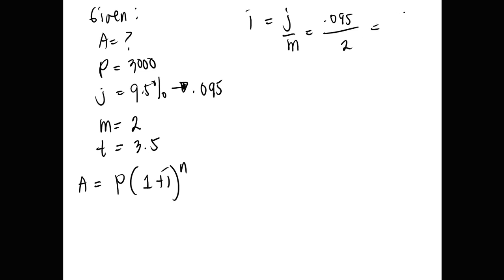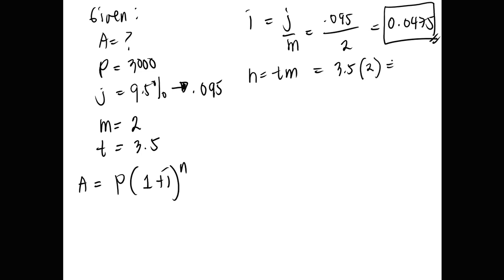And that is 0.0475 for i. Next, for n, we have to multiply t and m. So, our t is 3.5 times our m is 2. So, 3.5 times 2, of course, we have 7.